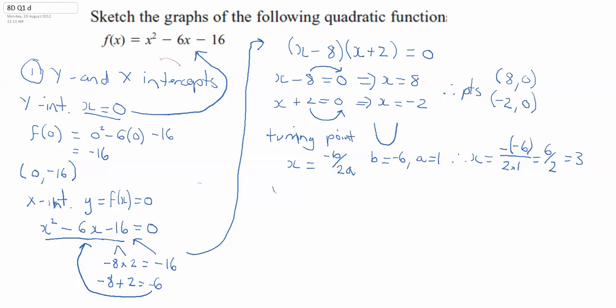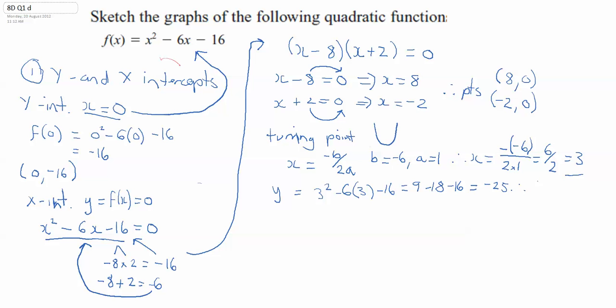Our y value of our turning point is equal to, we'll substitute x equals 3 into our equation, and we get 3 squared minus 6 times 3 minus 16, which equals 9 minus 18 minus 16, which equals minus 25.